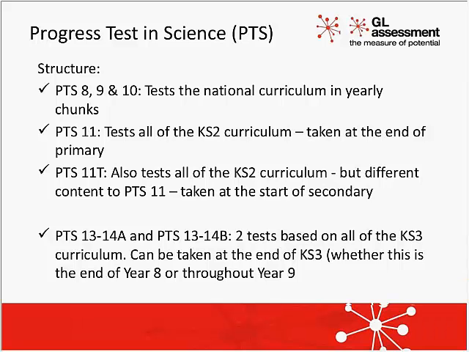The idea here is that they can be taken at the end of Key Stage 3, whether that's the end of Year 8, because it's a 2-year Key Stage 3, or at the end of Year 9, if you're doing a 3-year Key Stage 3. You'll note that there isn't an end of Year 8 Progress Test Science 12.